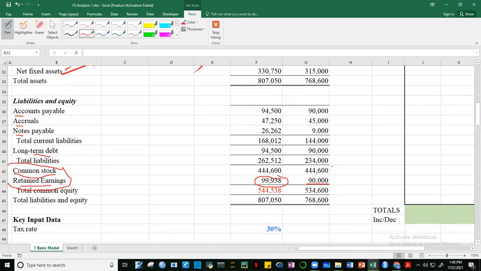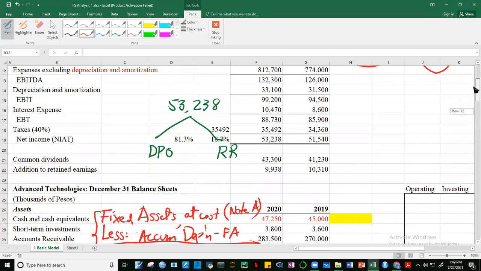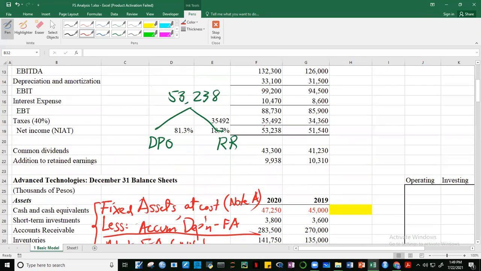Okay? And then what happened? So let me just show that. Retained earnings, January 1. It was 90,000. What happened, guys? In 2020, the company earned. How much did the company earn? 53,238. This is the net income after tax. Of which, 43,000 was distributed as dividends.